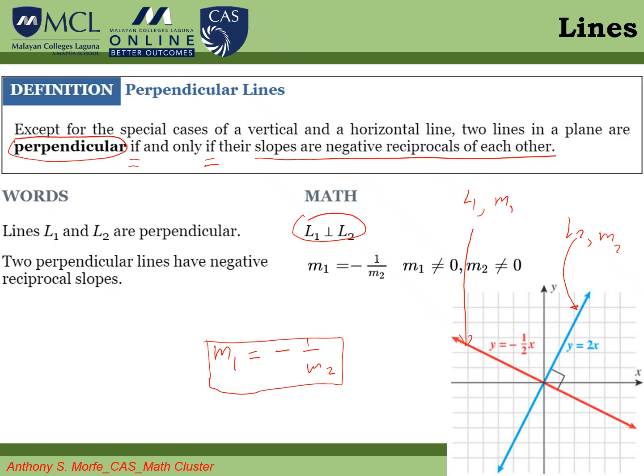Or you can say that M2 is equal to the negative reciprocal of M1. So they are just the same.